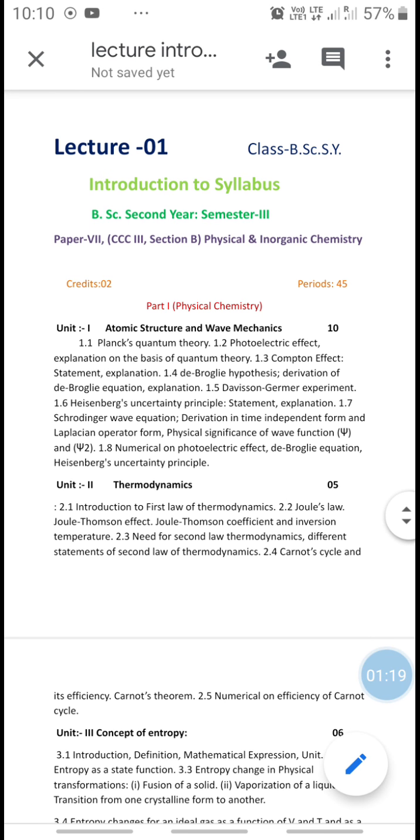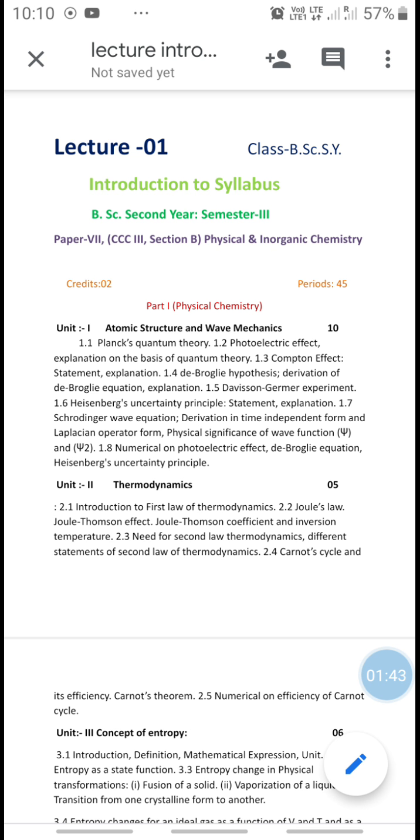In physical chemistry, in the previous class we have seen the structure of atom in general.